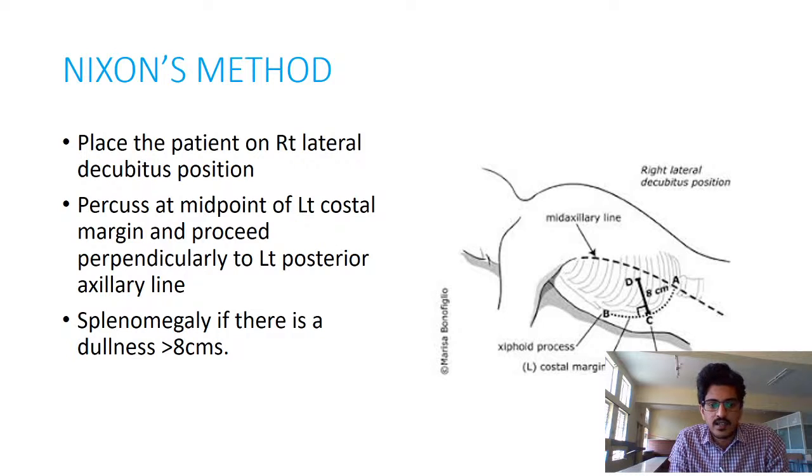It is splenomegaly if there is dullness of more than 8 centimeters.